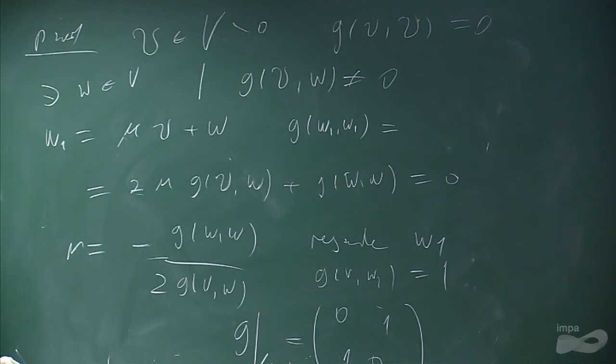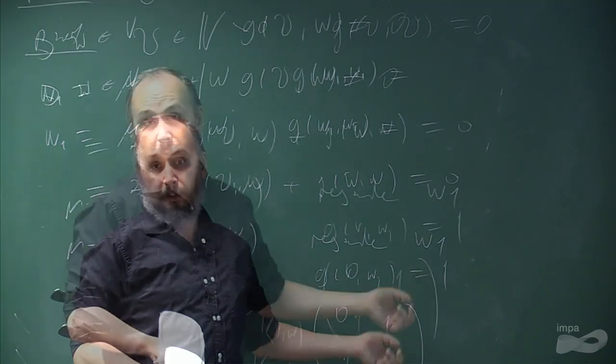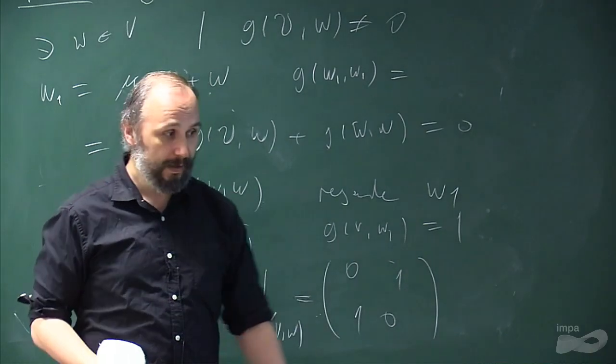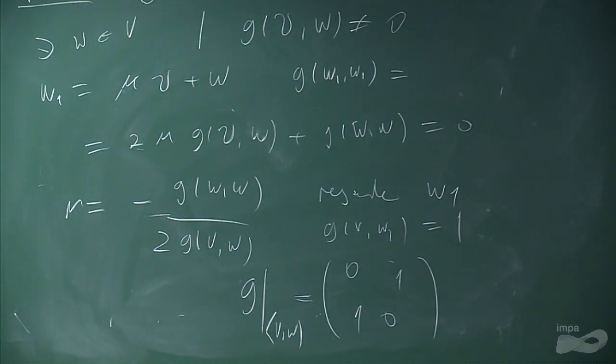In fact, over complex numbers, if you have a non-degenerate quadratic form, it always has this form. This is something we have discussed, so it's not surprising. Okay, now the orthogonal complement is well defined.